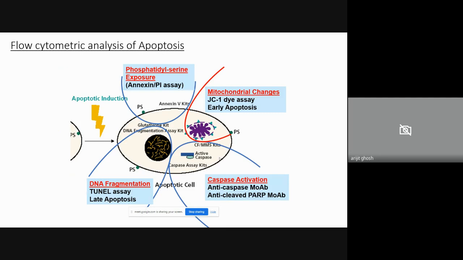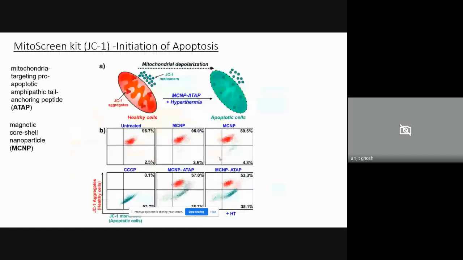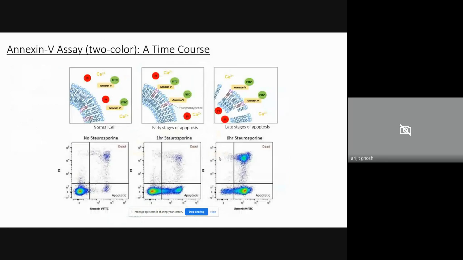You can also analyze apoptosis. If any drug can induce apoptosis in a cancer cell line, you can detect that. There are different procedures. This is a procedure called annexin 5 and PI staining. Annexin 5 is a fluorochrome which only binds with phosphatidylserine.